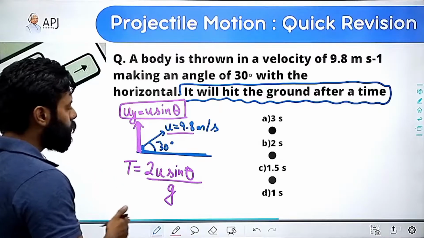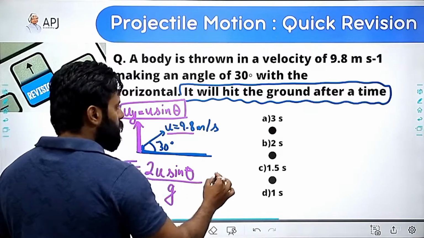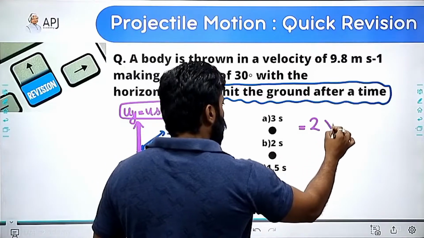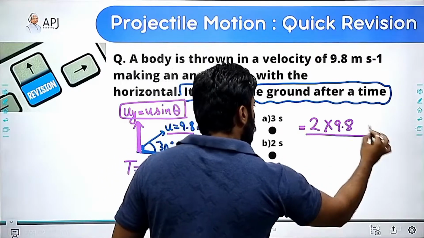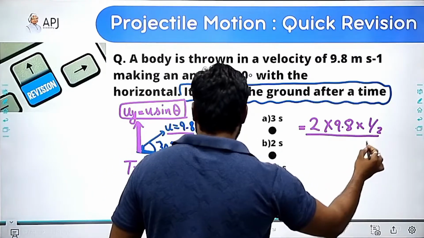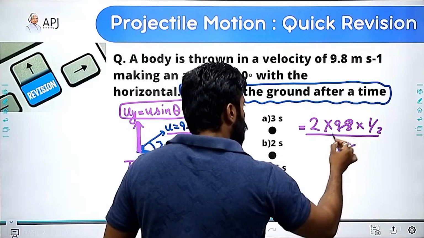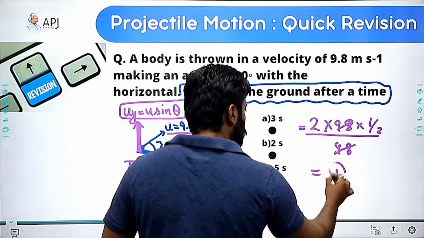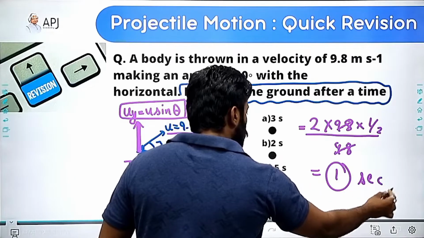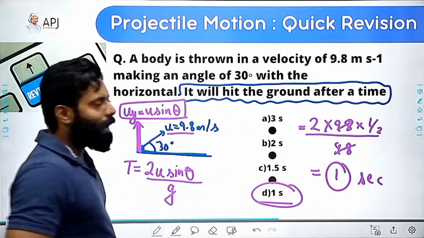So I can solve this numerical by just substituting the values. Sine 30 degree is 1 by 2, and here 9.8, so the answer is 1. It will take 1 second.